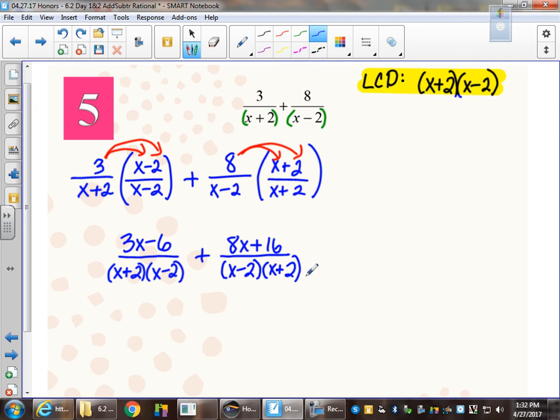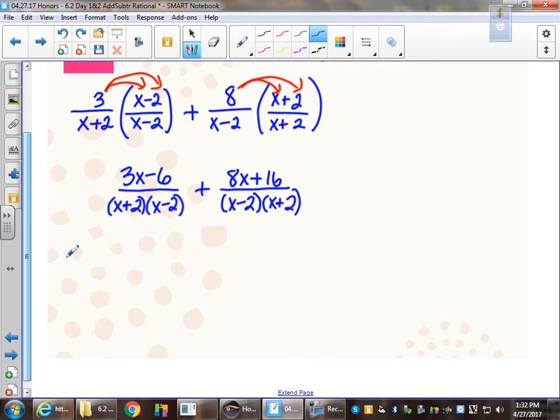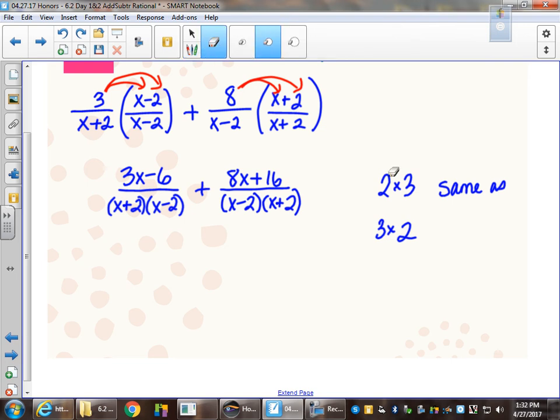Remember that multiplication is commutative, which means x plus 2 and then x minus 2 being second is the same as x minus 2 being first and x plus 2 being second. In other words, 2 times 3 is the same as 3 times 2. With multiplication, order does not matter.